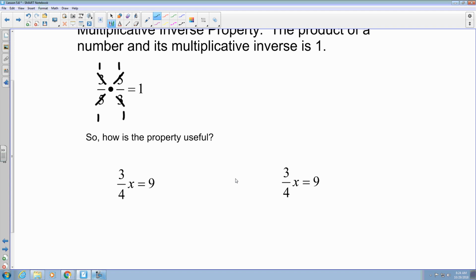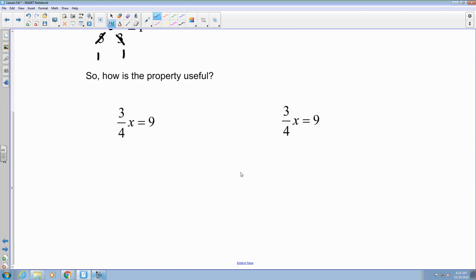So the main thing that we're going to look at is why this property is useful for solving equations. Before, all we knew was the inverse property for either multiplication or division to try to get a result of 1.